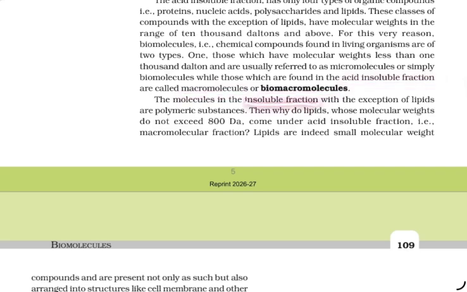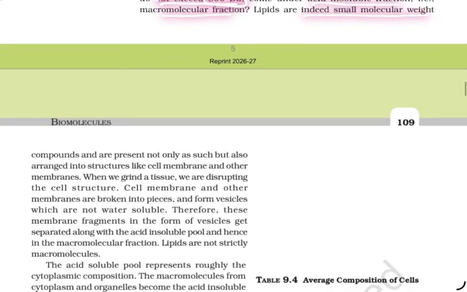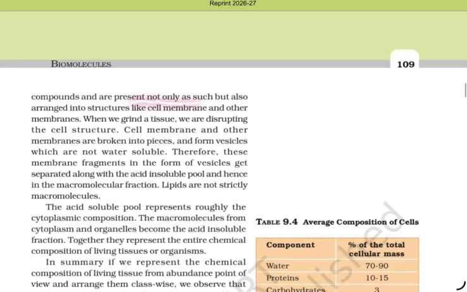The molecules in the insoluble fraction, with the exception of lipids, are polymeric substances. Then why do lipids, whose molecular weights do not exceed 800 Dalton, come under the acid insoluble fraction? Lipids are indeed small molecular weight compounds, present not only as such but also arranged into structures like the cell membrane and other membranes.